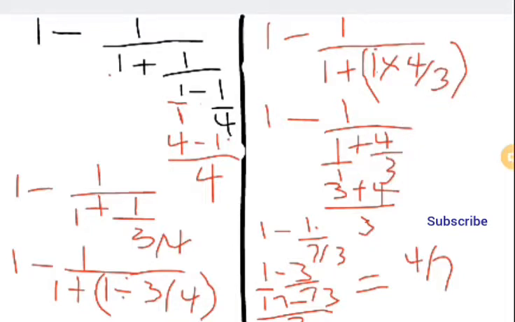Solving this, since it is separated by plus or minus, we got 3 plus 4, which is 7 over 3. Instead of repeating the step twice, we all knew that this is like finding the reciprocal, where 3 goes up, 7 comes down. Solving this by finding the LCM, we arrive at 4 over 7, which is our final answer.